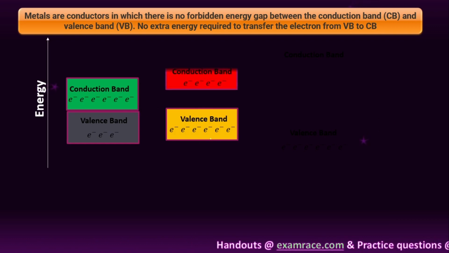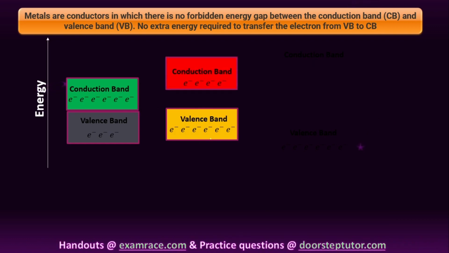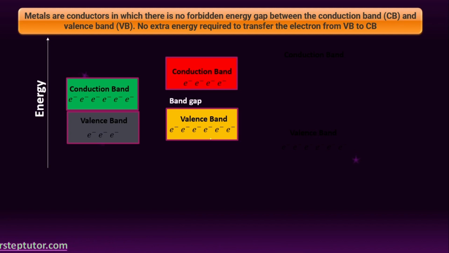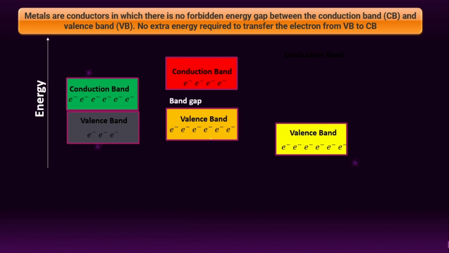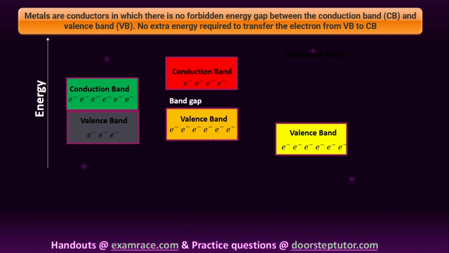Next, in semiconductors the energy gap is a little bit more, which means it is higher than conductors and lower than insulators. Okay, here you can see the band energy gap in the semiconductors, but in the insulators the energy gap is very high. So if we provide any kind of energy, the valency electrons cannot be excited.